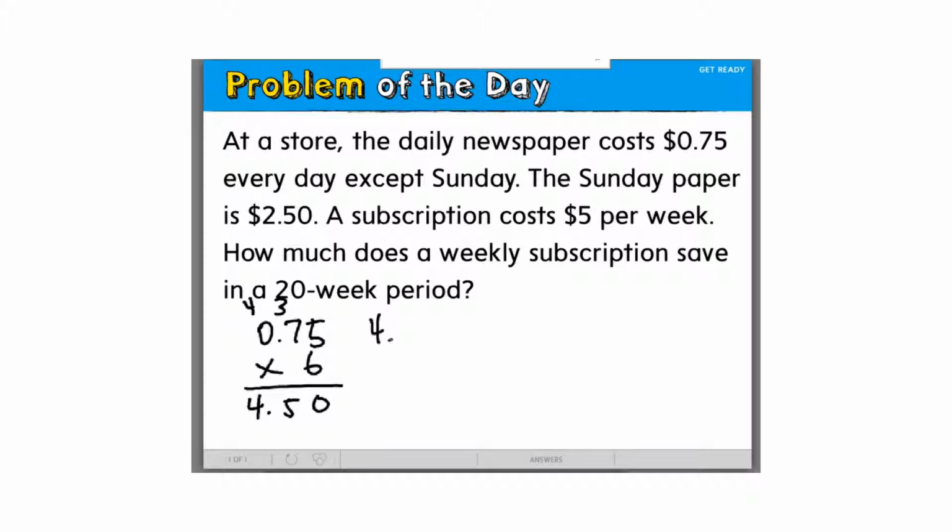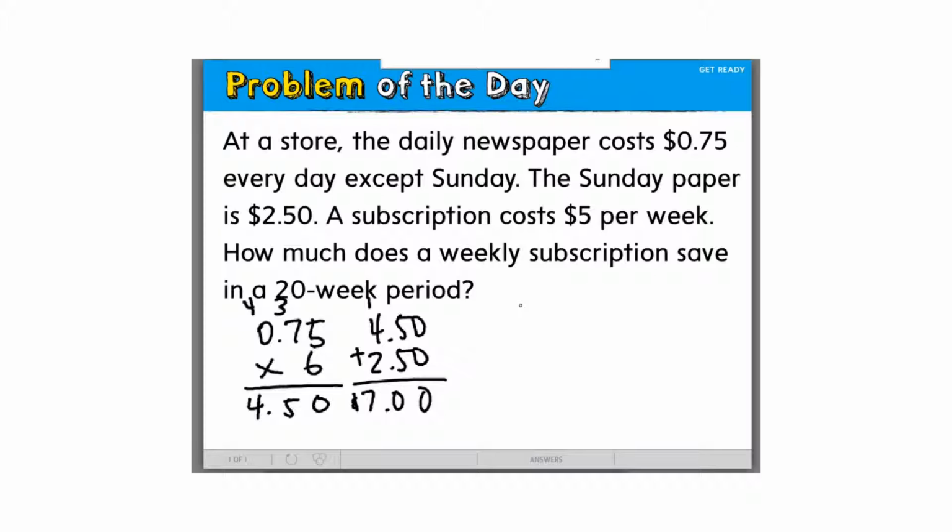Then on the 7th day, the paper costs $2.50 because that's the Sunday paper. So my total cost for the week, if I bought a newspaper every single day, would be $7.